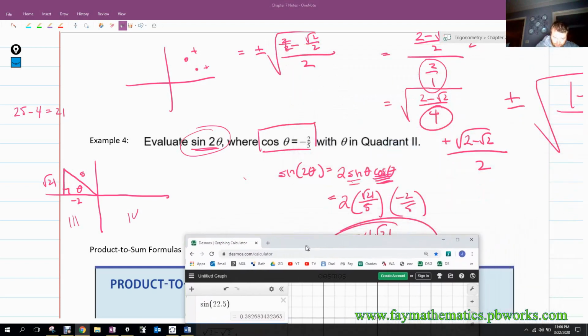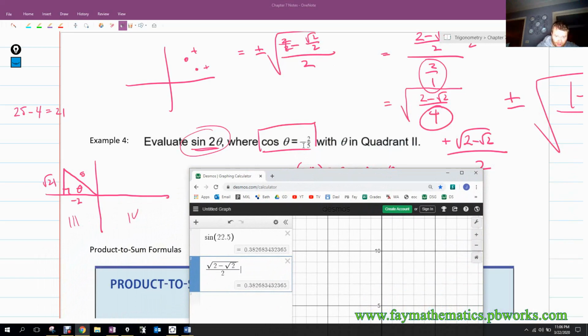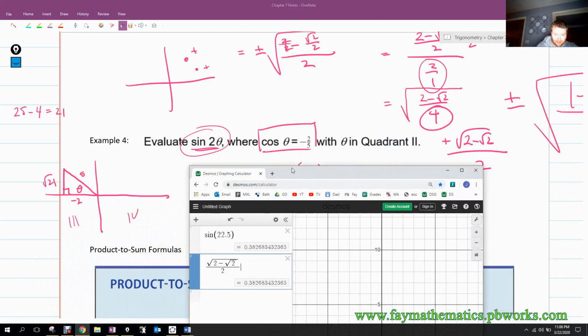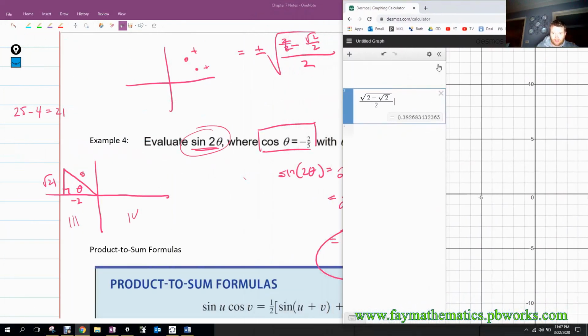First thing we're going to do to check this is figure out what angle cosine of theta is talking about when it says negative 2/5. So I'm going to figure out what that theta is. So we're going to go arc cosine of negative 2/5. So 113 degrees is the theta that we're describing here.